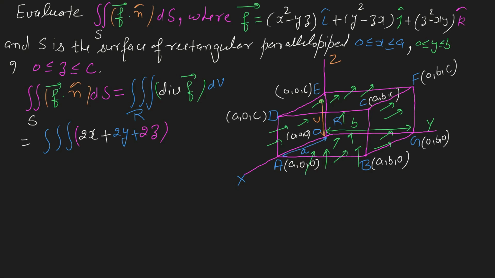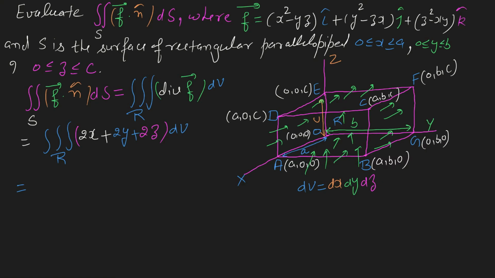and the volume integral over the parallelepiped R. Now, since we know that this volume integral V consists of small volume elements, and the volume is given by dx dy dz, this whole parallelepiped is composed of infinitesimally small volume elements.